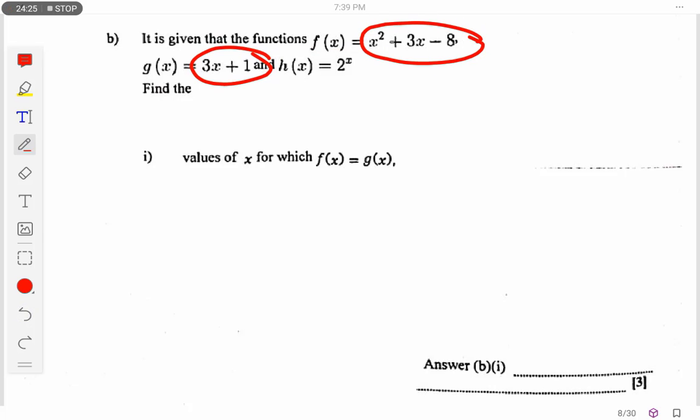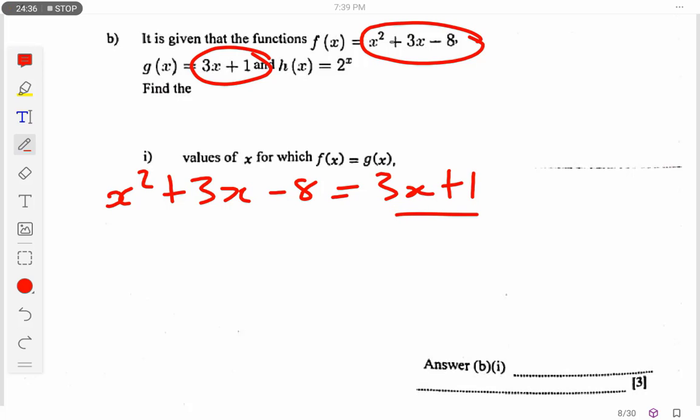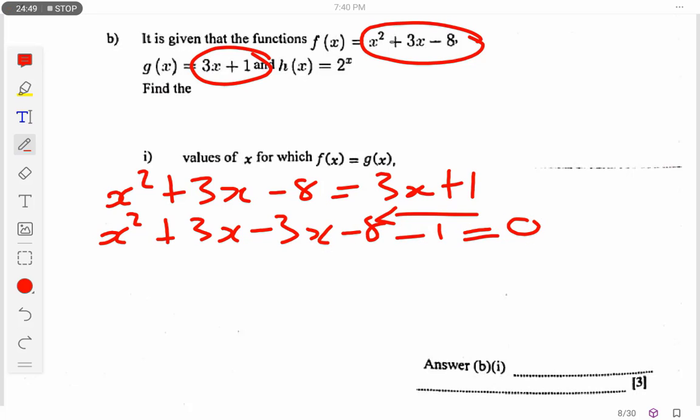So we can write x squared plus 3x minus 8 is equal to 3x plus 1. Then we simplify and take all the terms to this side. So we get x squared plus 3x minus 3x minus 8 minus 1 is equal to 0 that side. So we have x squared minus 8 minus 1, we get minus 9, which is equal to 0.